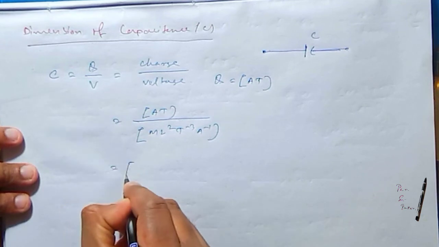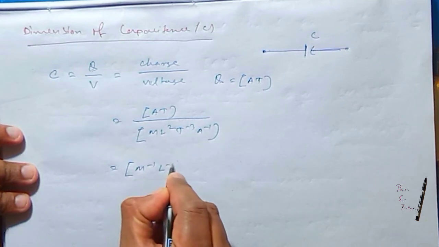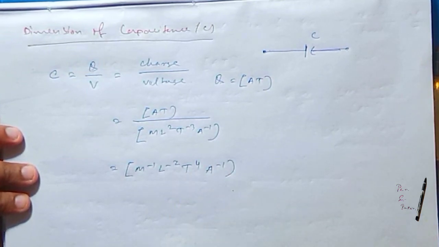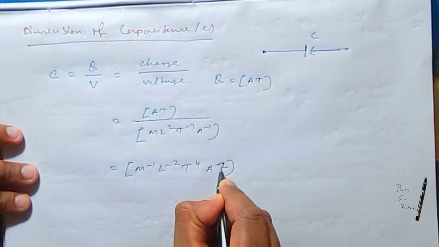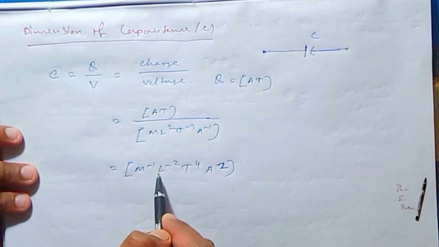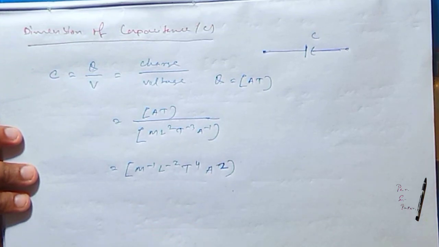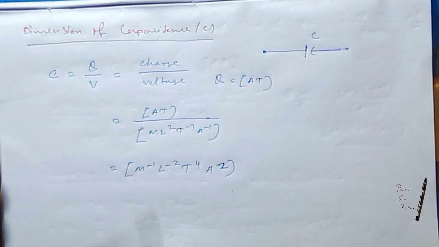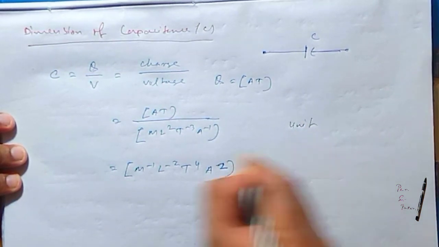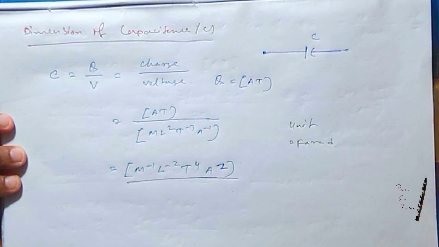Now the final dimension of capacitance will be M inverse 1 L inverse 2 T to the power 4 A square. Okay, and its unit is Farad, F.